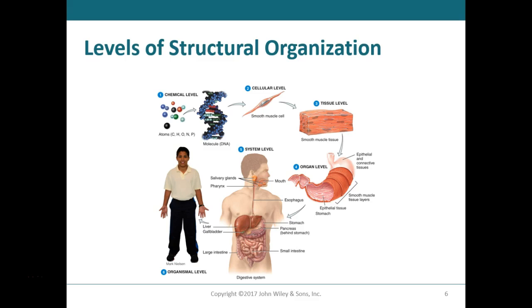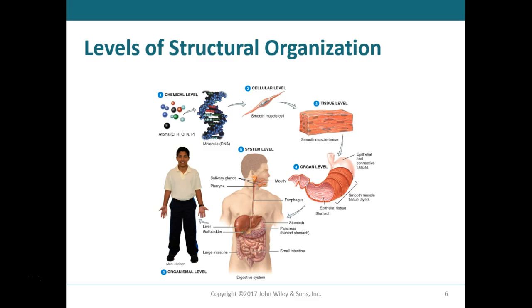Cells come together to form tissues, such as muscle cells come together to form a muscle tissue, and then muscles and other tissues, such as epithelial tissues and connective tissues, all come together to form organs. So organs are specific parts of the body that have specific jobs. So if you think about it, you've got muscle cells that come together to make muscle tissue.